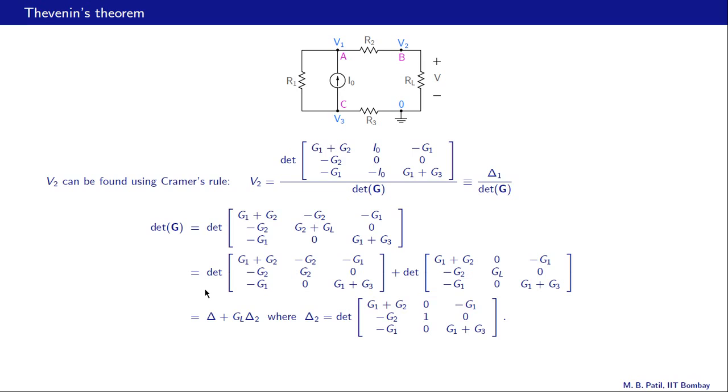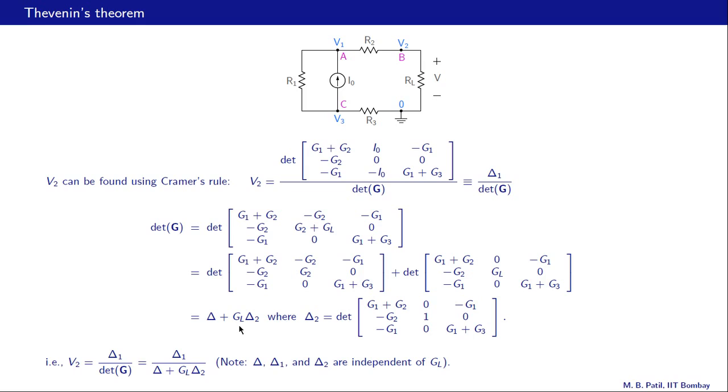Let us denote this first determinant by delta, and let us write this second determinant as GL times delta 2, where delta 2 is the determinant of this matrix here. And notice that we don't have GL here anymore because that has been taken outside.